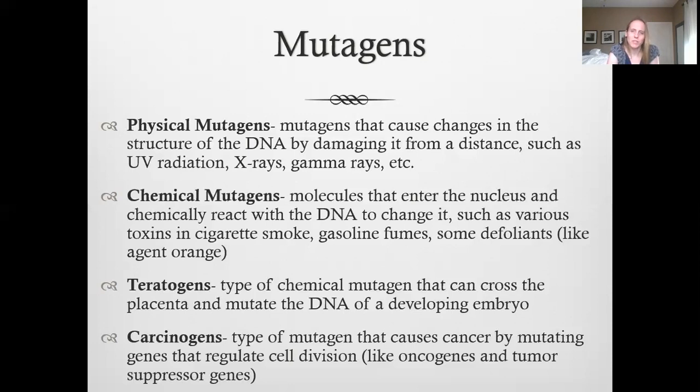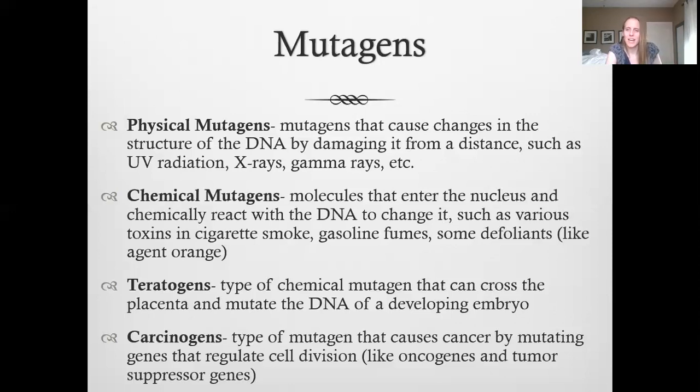Then there's chemical mutagens, where molecules actually go through your cell membrane into the nucleus and chemically react with the DNA, which causes it to change. So that includes things like cigarette smoke, gasoline fumes, defoliants, things that take the leaves off trees.